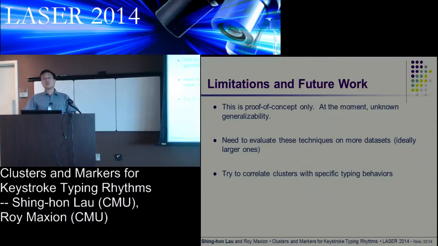So for example, just making up a story, the women cluster are all in this cluster together because they have the unusual habit of striking the space bar with their left index finger. That tells us something about the actual behavior of the typist that's causing them to be grouped together.